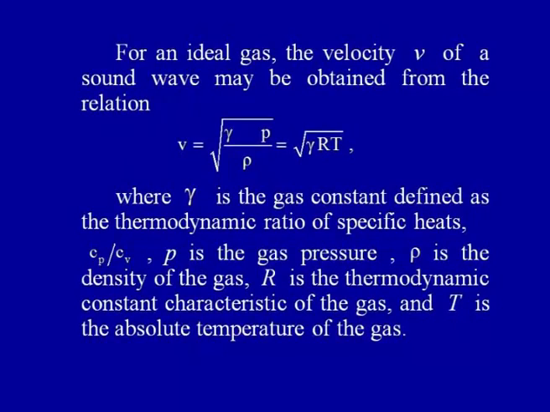P is the gas pressure, rho is the density of the gas, R is the thermodynamic constant characteristic of the gas, and capital T is the absolute temperature of the gas.